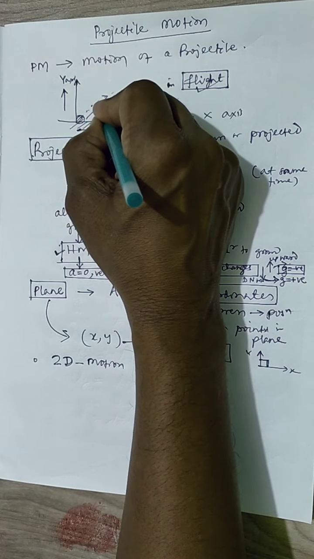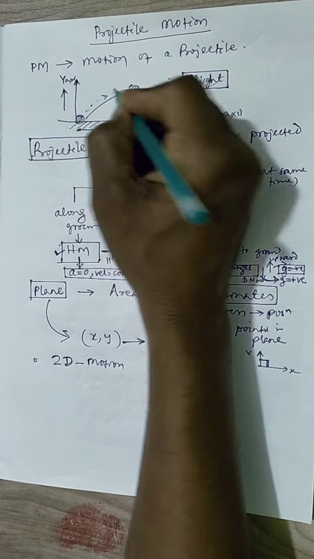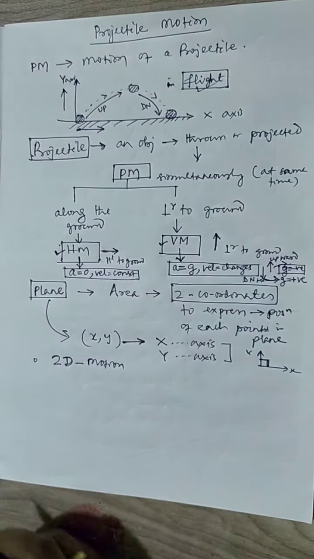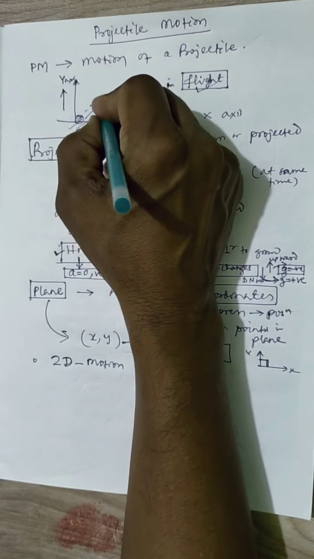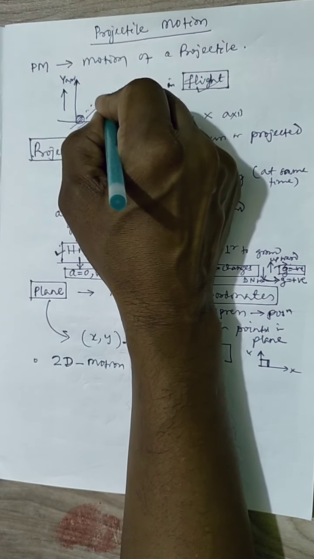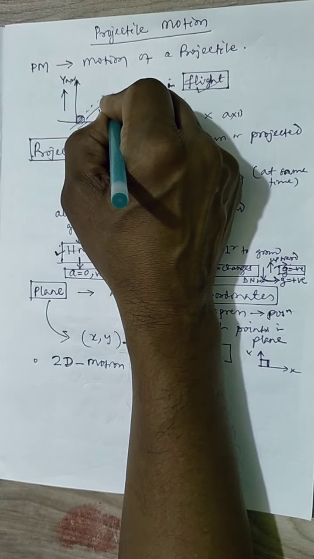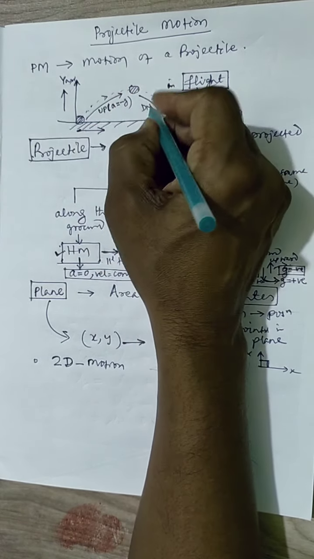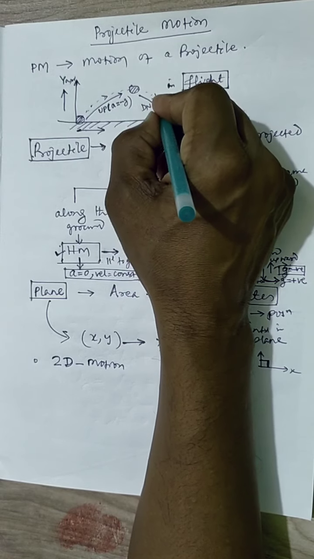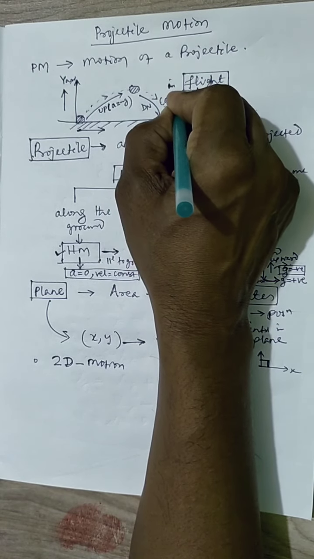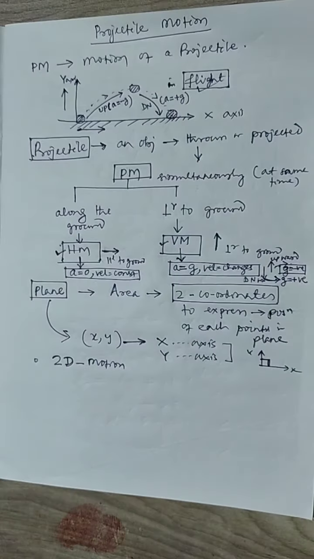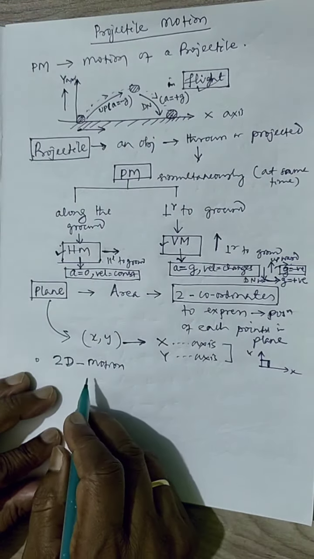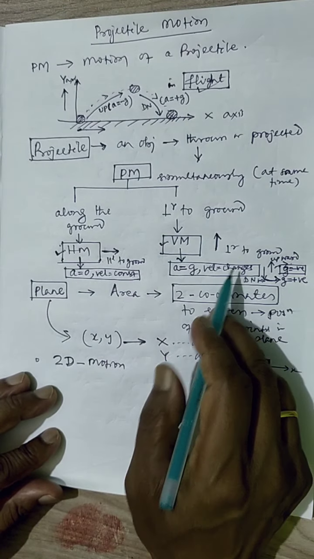When object moves from ground towards certain height, it is upward motion. During upward motion, velocity decreases and acceleration is minus g. Whereas during downward motion, velocity increases, and acceleration is plus g. This is the fundamental we have to remember during upward motion and downward motion.